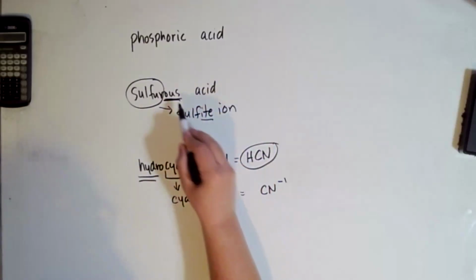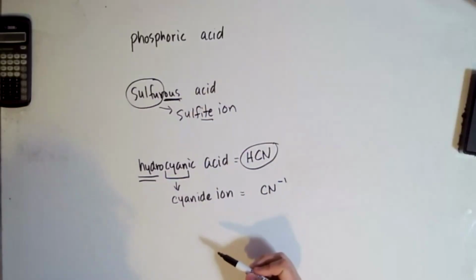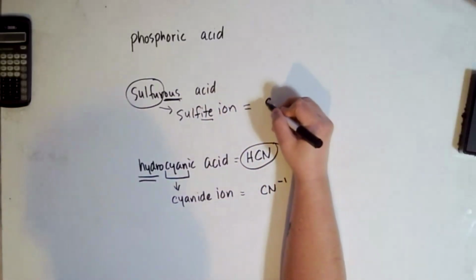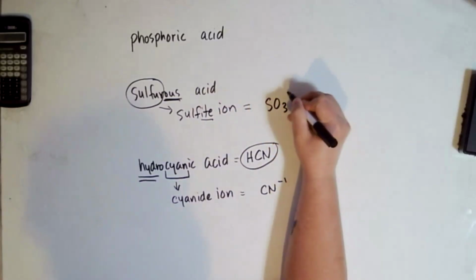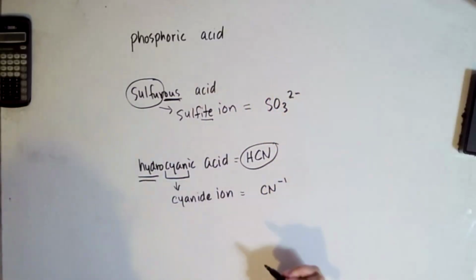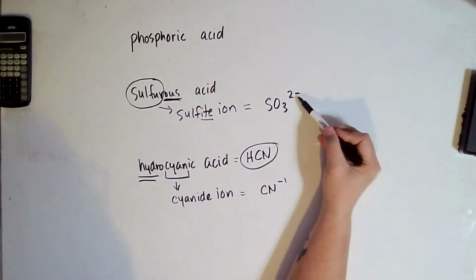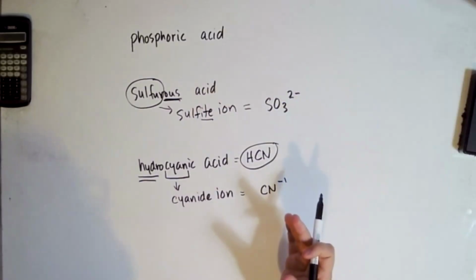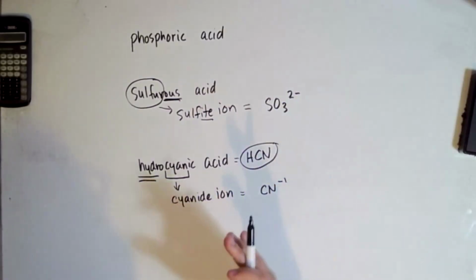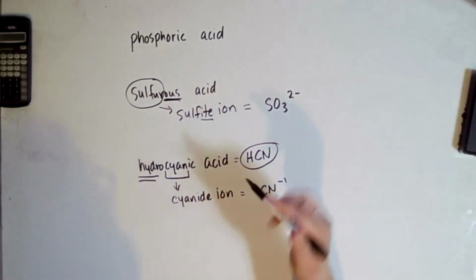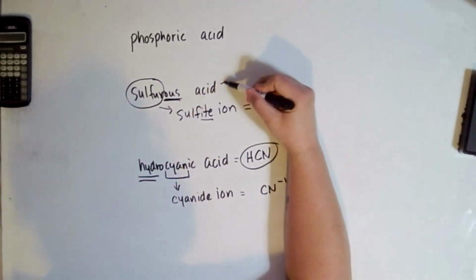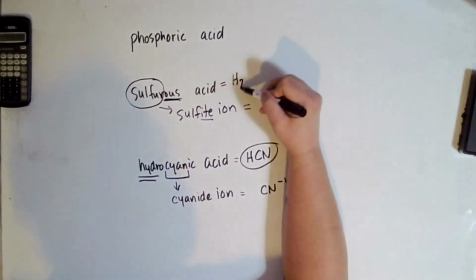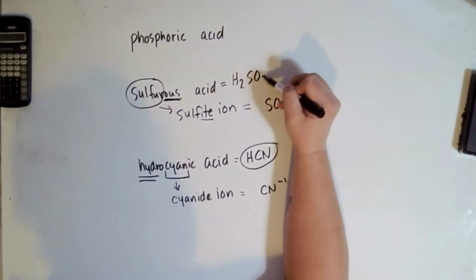ITE, OUS. My sulfite ion has a formula of SO3 with a -2 charge. That tells me that I'm going to need 2 hydrogens in front of the SO3 to make my neutral formula, because each hydrogen is an H+1. So my formula for sulfurous acid is going to be H2SO3.